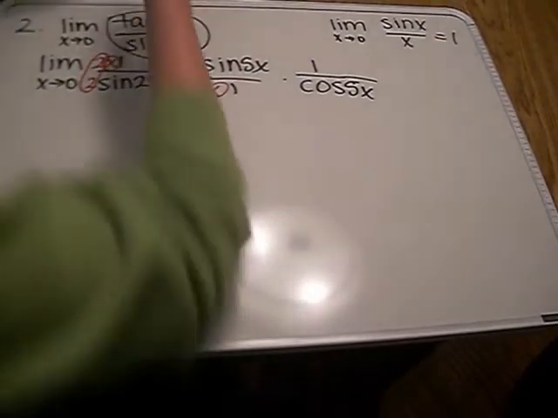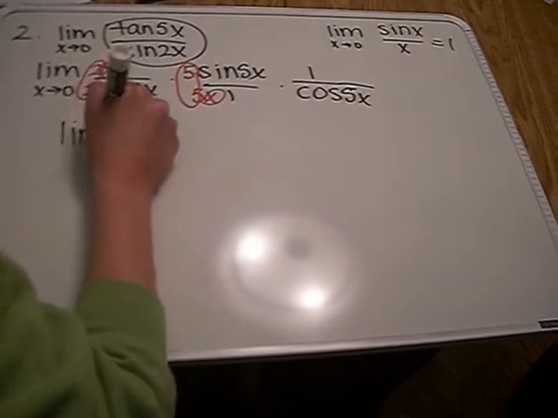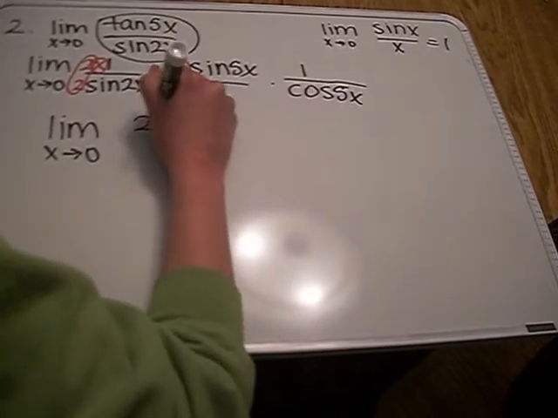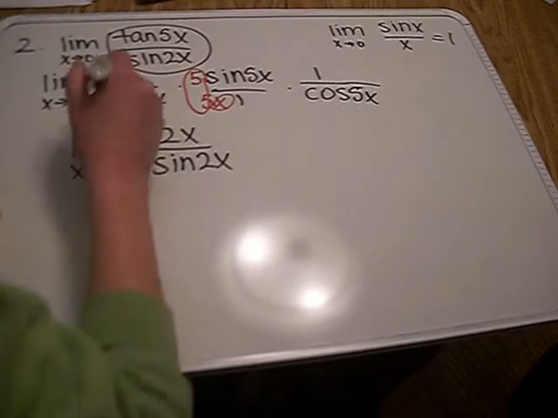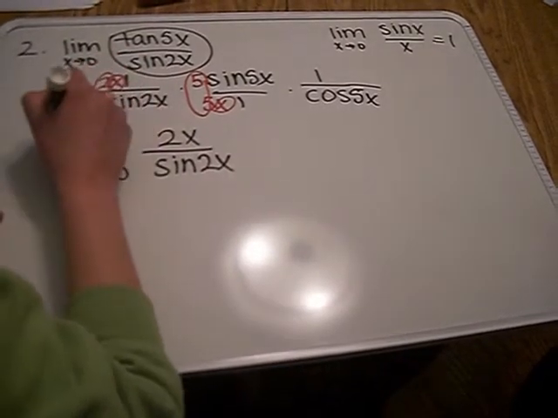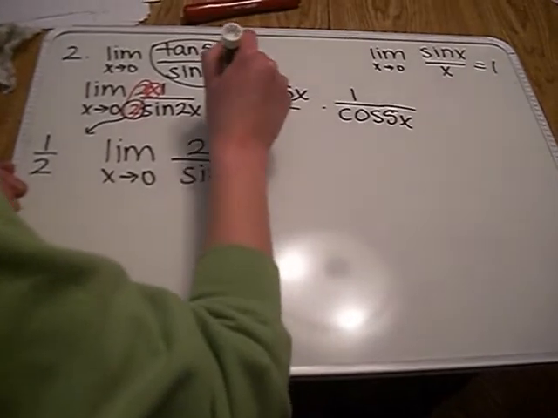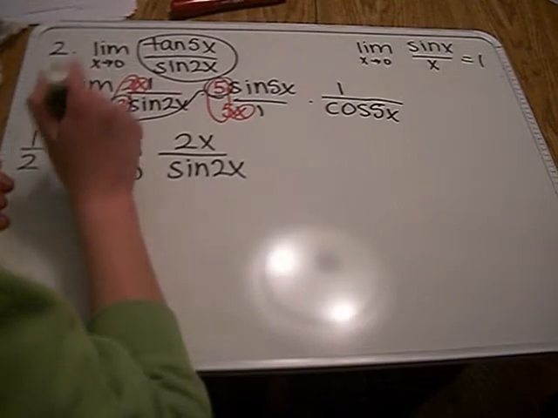So, moving on. I can rewrite this again as the limit as x approaches 0 of 2x over the sine of 2x. And now I'm going to move this 2 over here, so it'll be 1/2. And I'm also going to move this 5 out in front, so it'll be times 5 over 1.